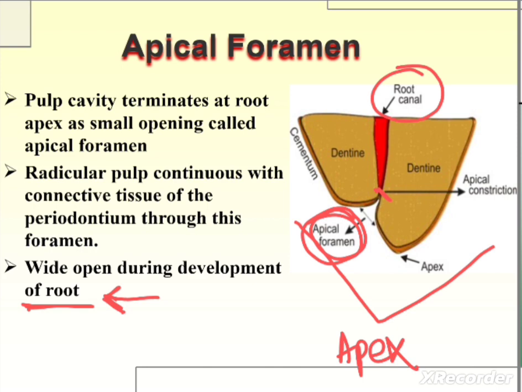The open apex refers to the absence of sufficient root development to provide a conical taper to the canal, and it is known as a blunderbuss canal. Blunderbuss means that the canal is wider towards the apex than the cervical area. The completion of root development and closure of the apical foramen occurs up to 3 years after eruption of tooth.